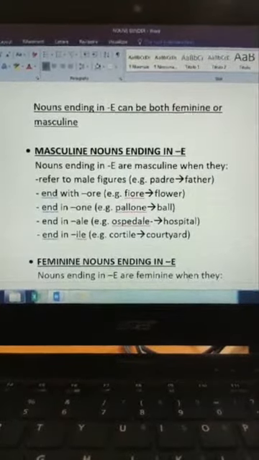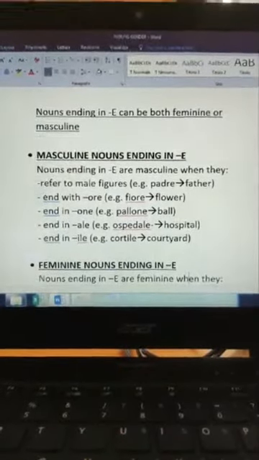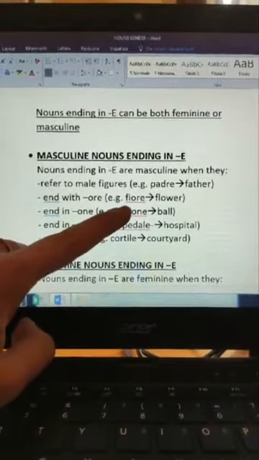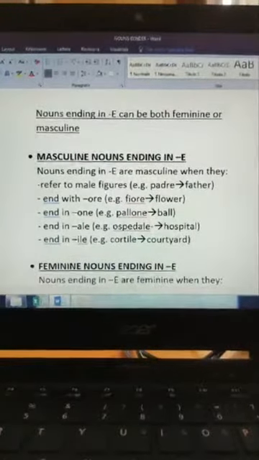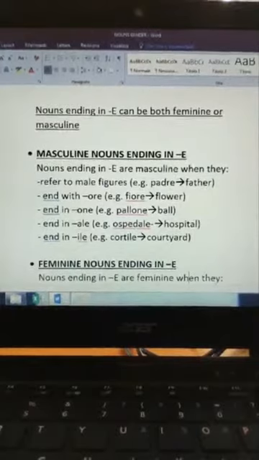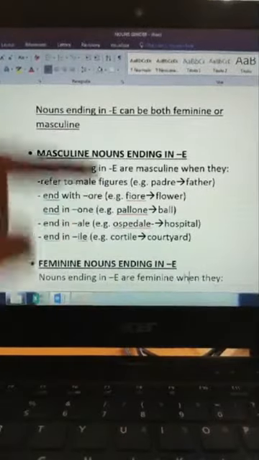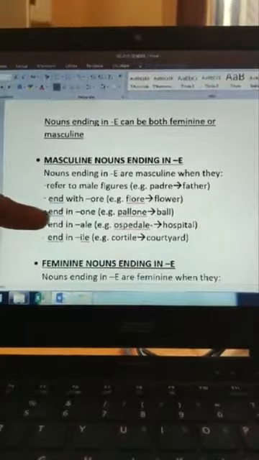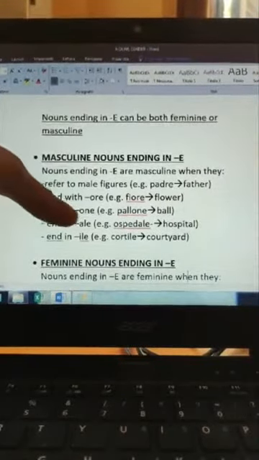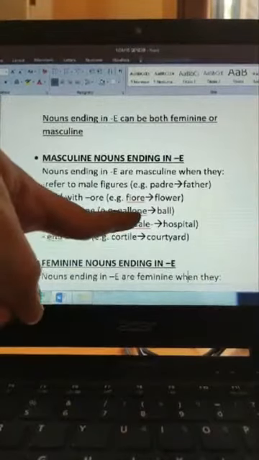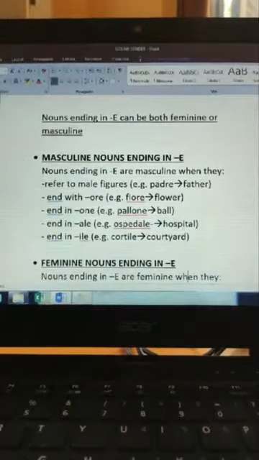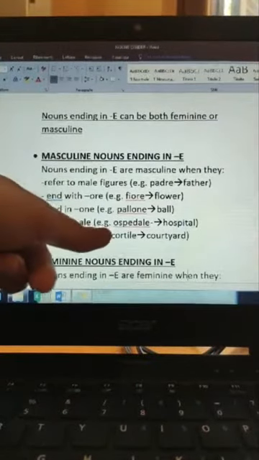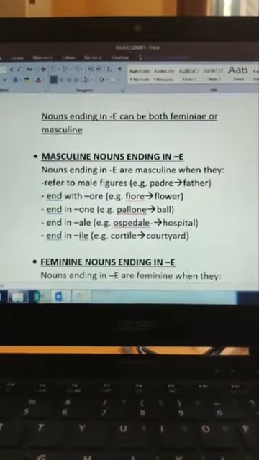It is also a masculine noun if it ends with the desinence ore, like for example in fiore, which means flower. Nouns are also masculine if they end with one, like for example pallone, ball. And if they end with ale, as in ospedale, which means hospital.